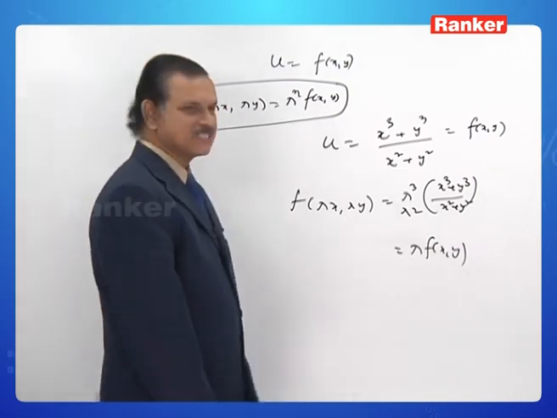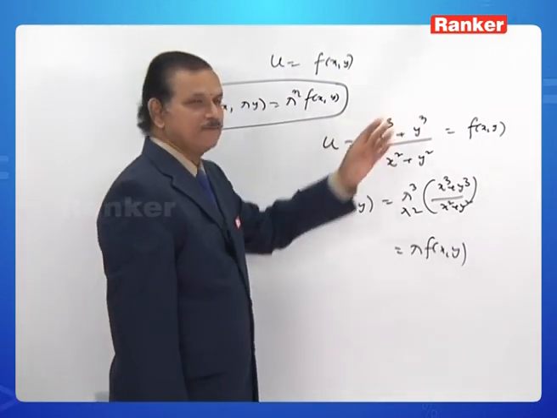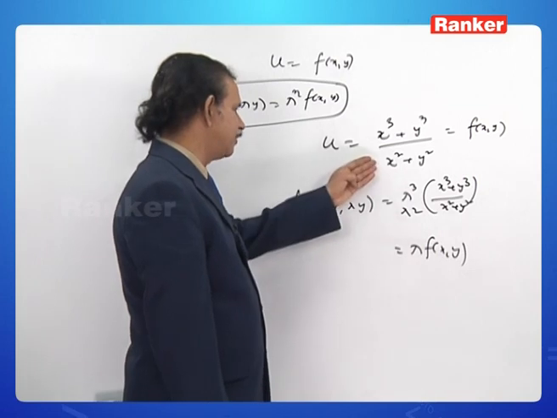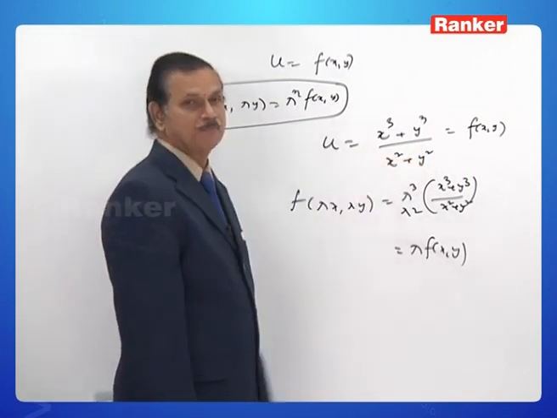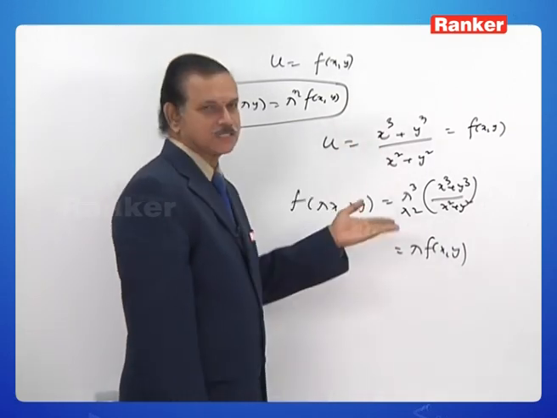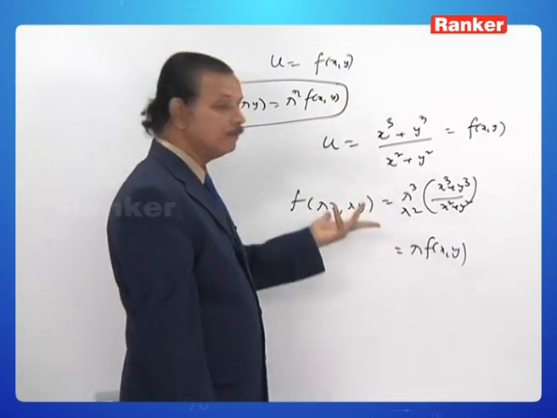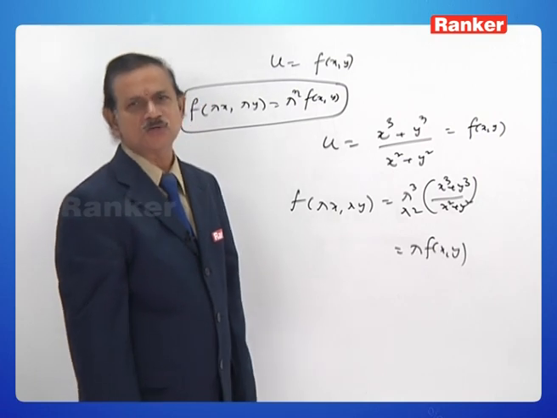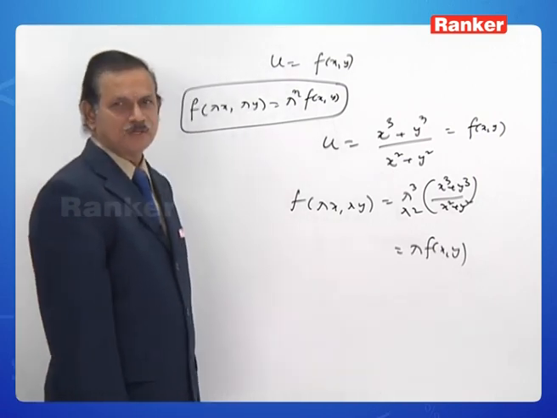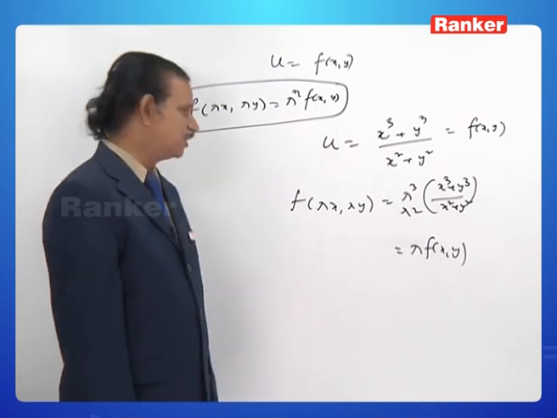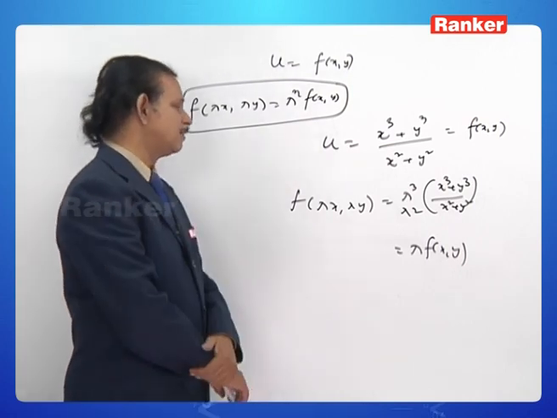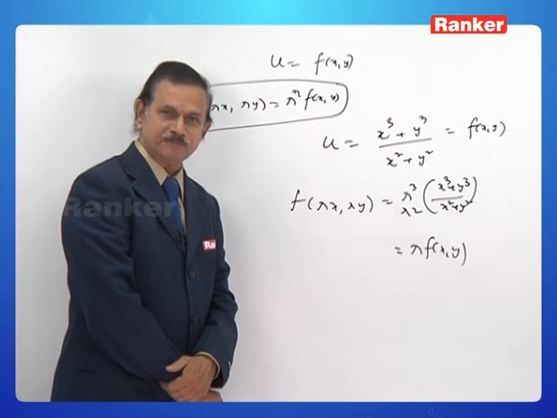And to observe practically, the numerator must be of the same degree, and every term of the denominator is of the same degree. Then the rational form can be homogeneous. Of course, the basic concept to say that a function is homogeneous is f of lambda x comma lambda y is equal to lambda power n into f of xy.